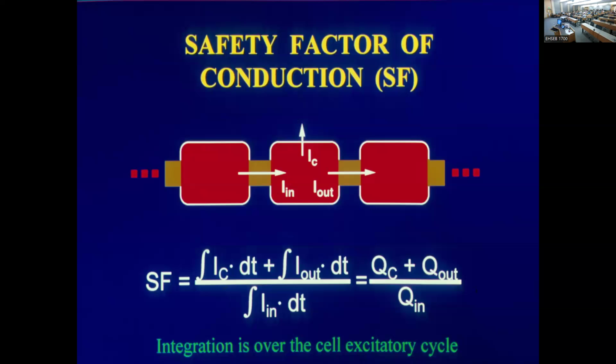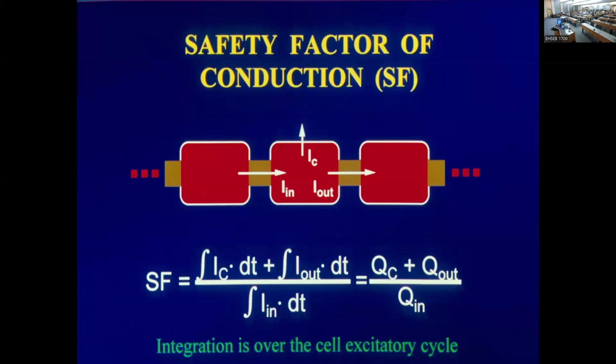So if it generates greater charge than it receives, then it's safe and conduction will continue. But if the charge is diminishing and it's lower than what it receives, that means there will be gradual decrease in charge availability and conduction will decrement and fail.